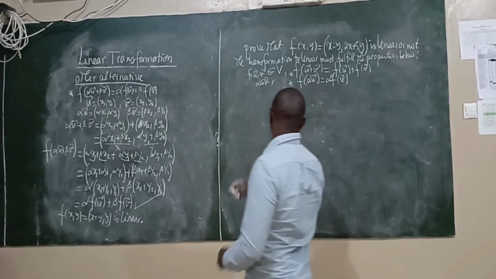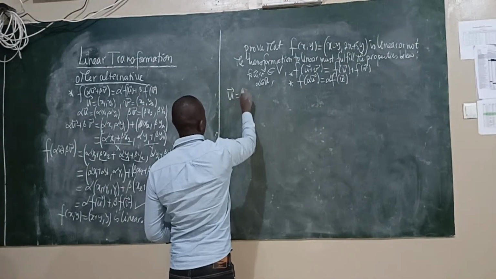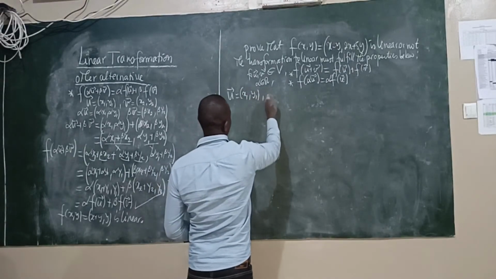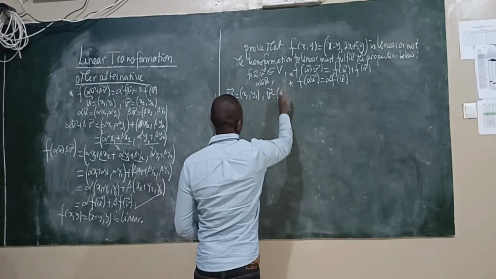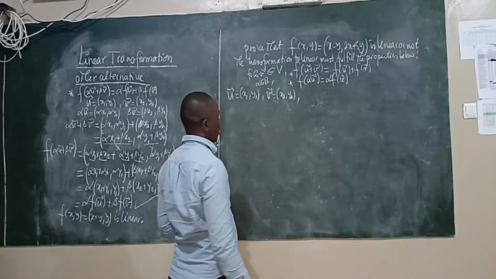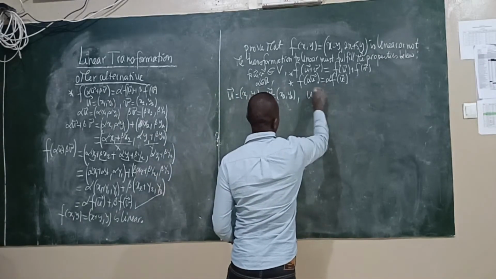For property 1, as I told you, we assume u to be (x1, y1) and v to be (x2, y2). What you need to find is, what is u plus v?